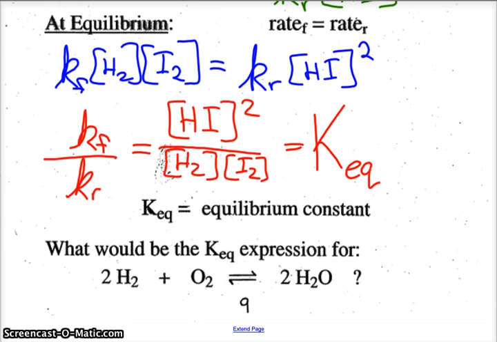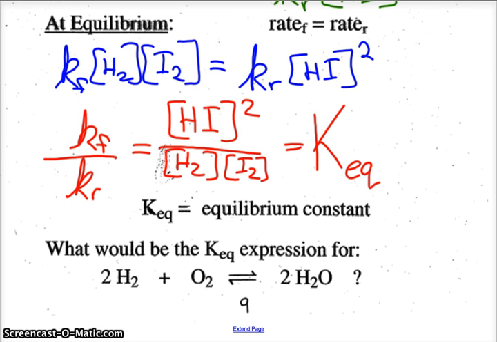For this equilibrium, at its specific conditions, temperature, pressure, the whole deal, we can describe the concentrations of all of our reactants and products by this expression once they've reached equilibrium. So Keq is HI squared over H2 times I2.